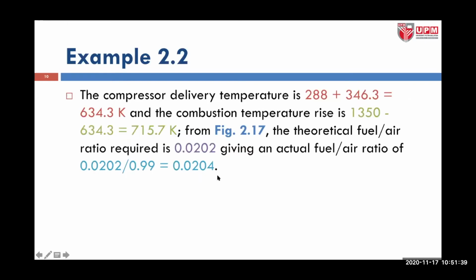Right. Now, using the same figure, figure 2.17, we have to use the compressor delivery temperature of 634.3 Kelvin, and the combustion temperature rise of 715.7 Kelvin, which gives us the theoretical fuel air ratio to be 0.0202.